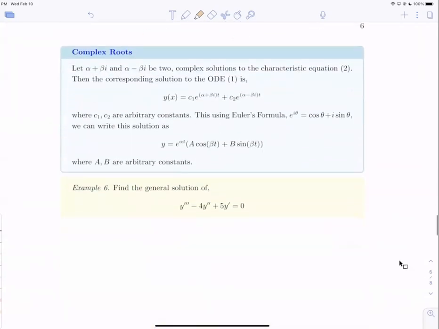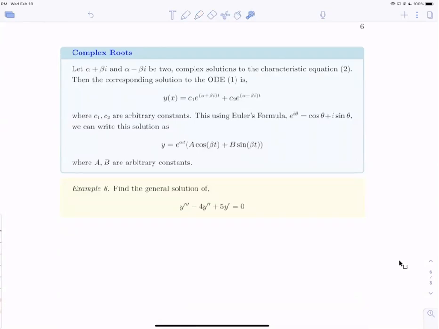The last one is complex root. So if alpha plus beta i and alpha minus beta i are the two complex solutions of the characteristic equation, then the solution you can write it as this. But this is not convenient for us, so we use Euler's formula to write the solution in this way.